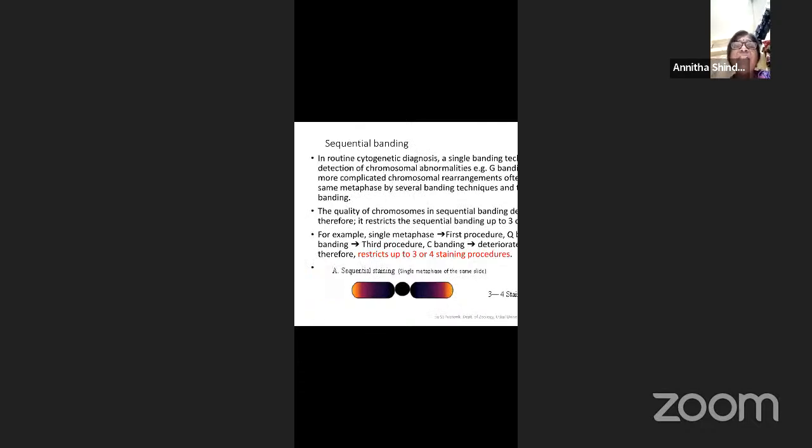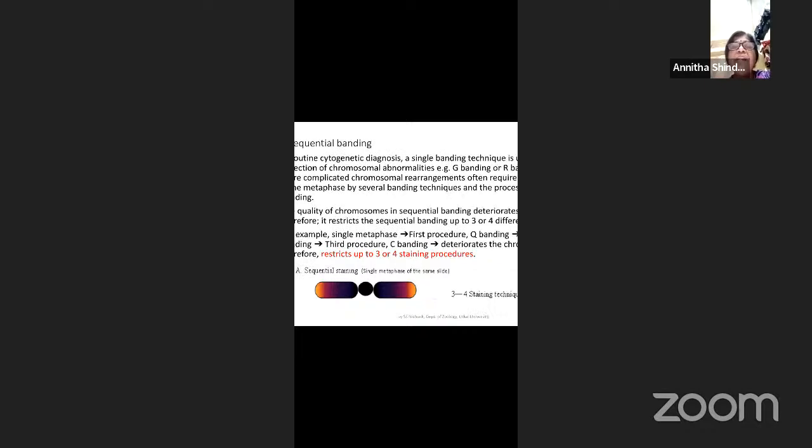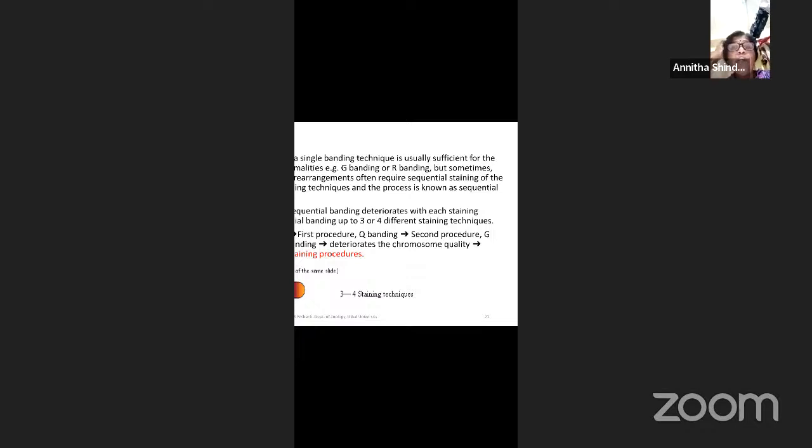So when complicated chromosomal rearrangement occurs, you need to go for sequential banding. It will give you a clear-cut picture. Here, what they are saying is the sequential staining of the metaphase chromosome.